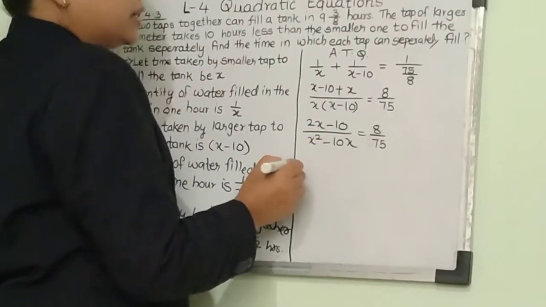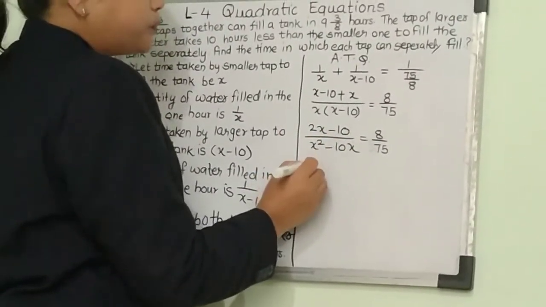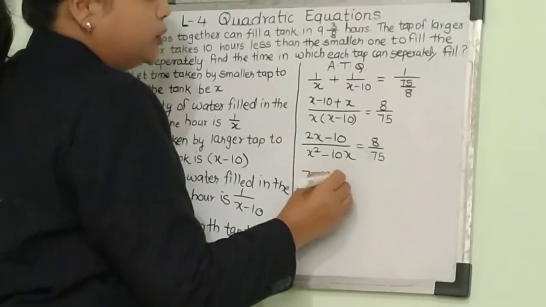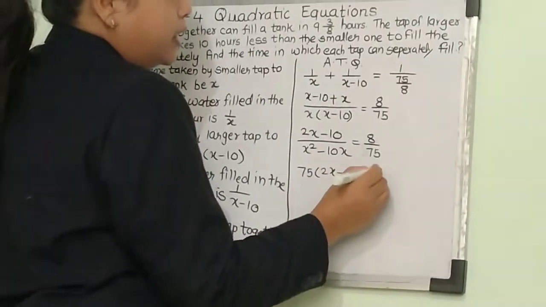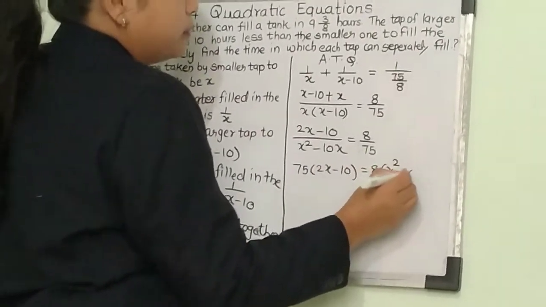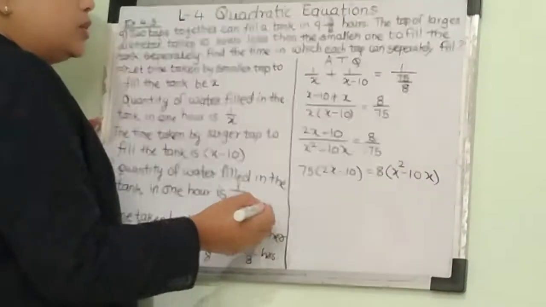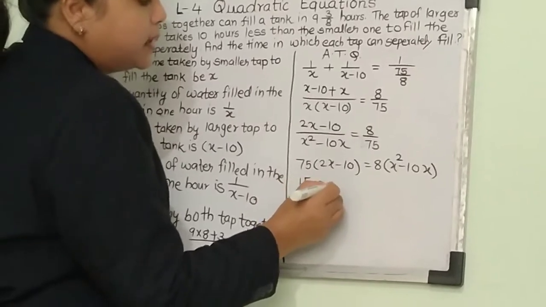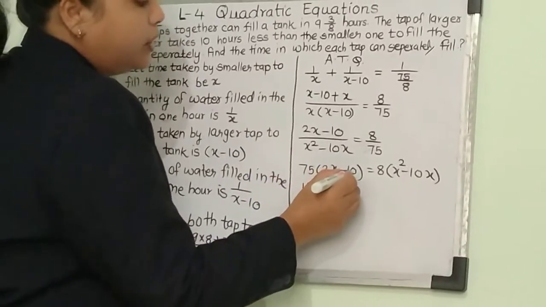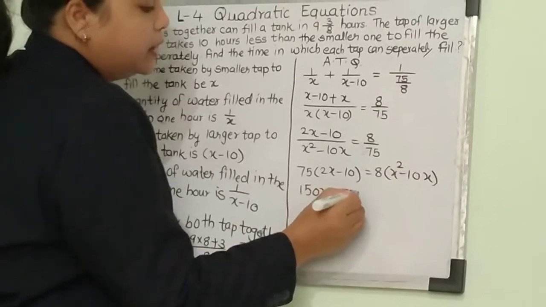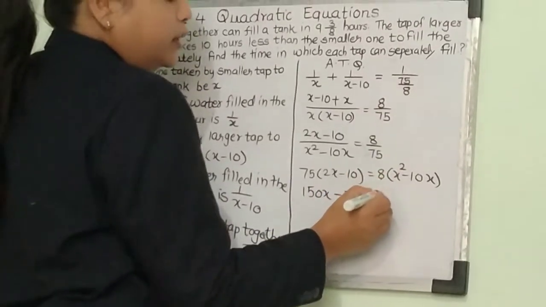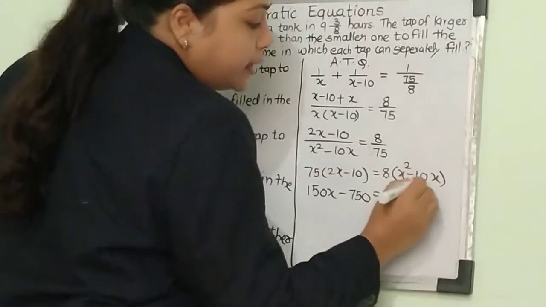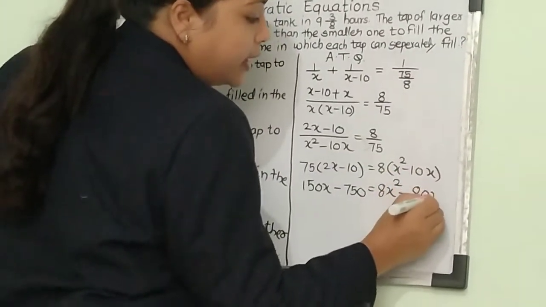Now cross multiplication, we will get 75 into 2x minus 10 equals 8 into x square minus 10x. So here we get 75 twos are 150x minus 75 into 10, that is 750, equals 8 into x, that is 8x square, minus 8 into 10, that is 80x.